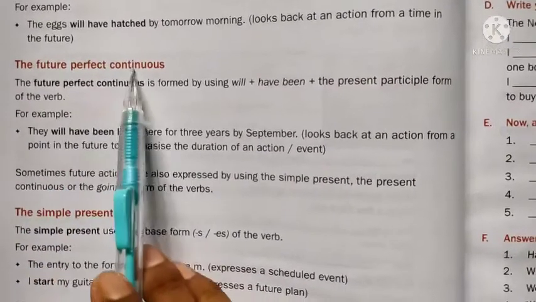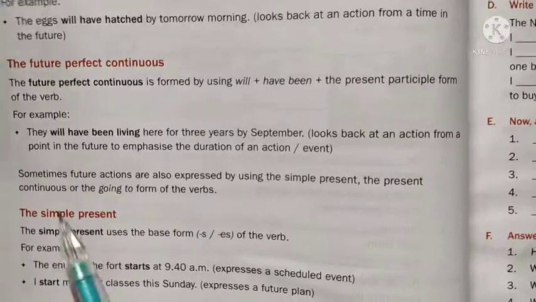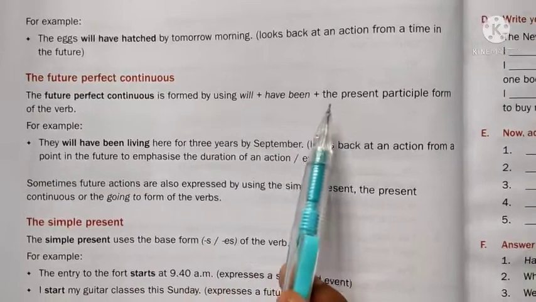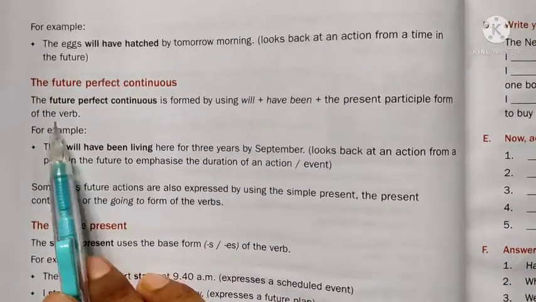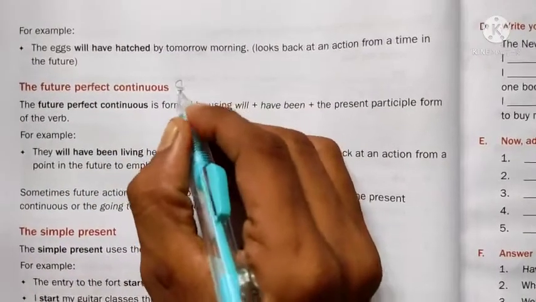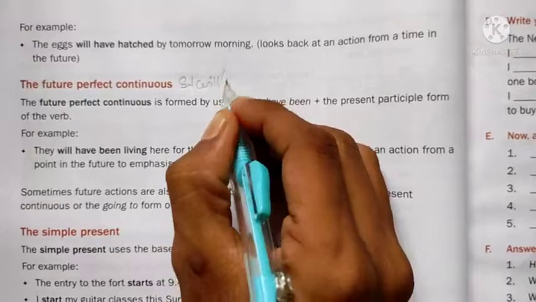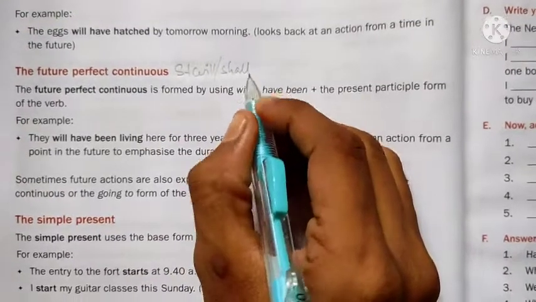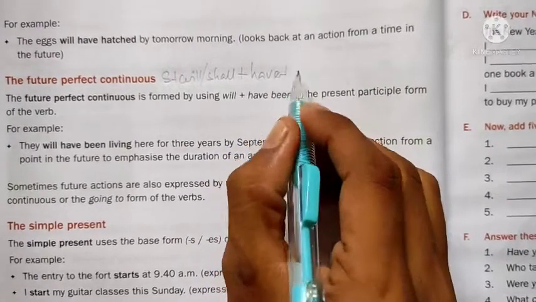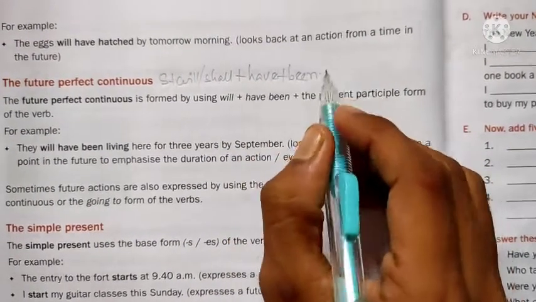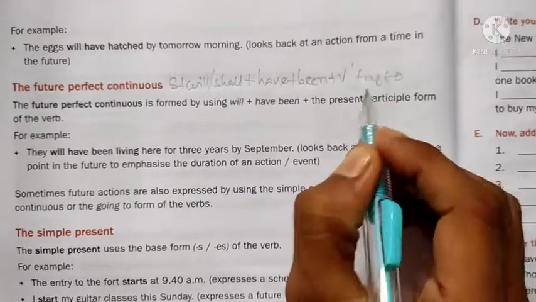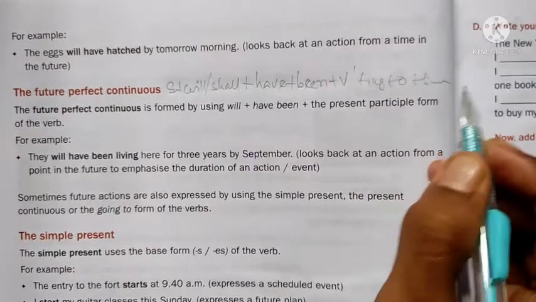So next, the future perfect continuous. The future perfect continuous is formed by using will plus have been plus the present participle form of the verb. So here the rule of future perfect continuous tense is subject plus will or shall plus have plus been plus first form of the verb plus ing plus object, plus we can add the time.